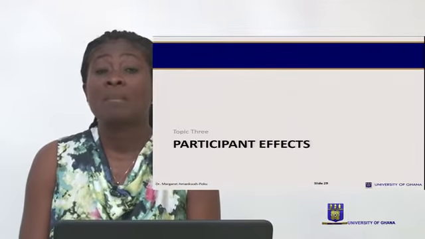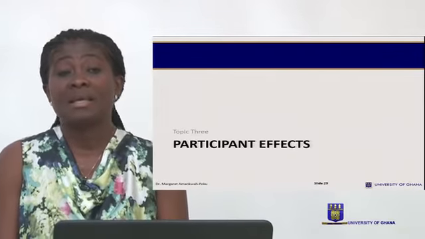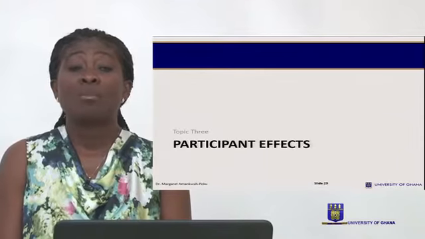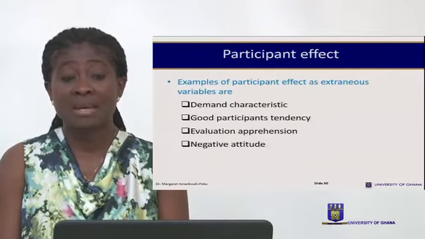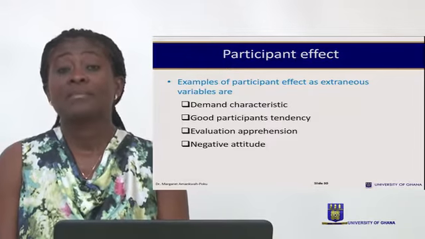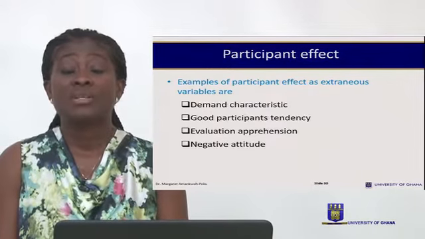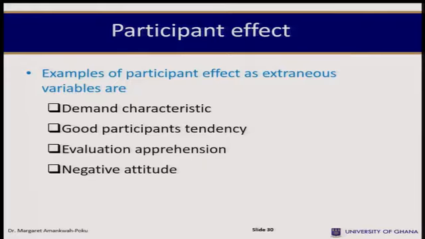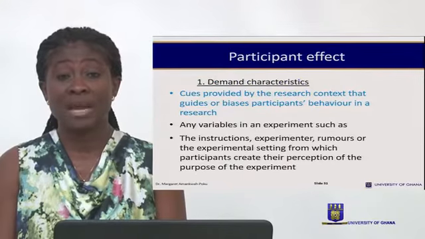Now, when we talk about participant effects, they are variables relating to the participant that can affect the outcome of a study. So these extraneous variables, the participant effects, you can have demand characteristics, good subject tendency or good participant tendency. You can have evaluation apprehension or negative attitude.